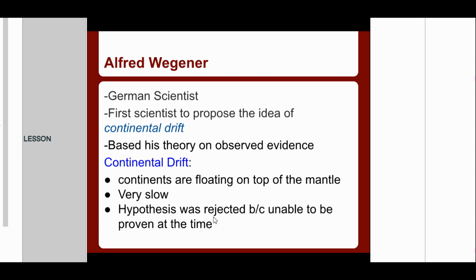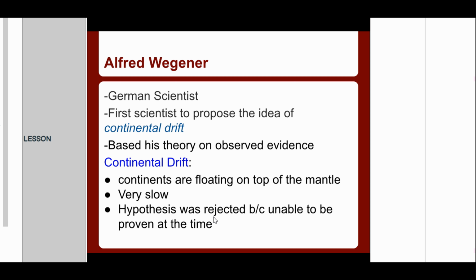Continental drift is the theory of the continents floating on top of the mantle. So that lithosphere, all of those puzzle pieces of the tectonic plates, moving around very slowly, coming together, moving apart to form the actual surface of the Earth the way that we are viewing it today. The first person to come up with the theory of continental drift was Alfred Wegener, a German scientist.